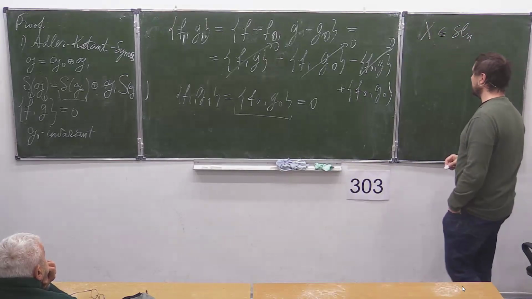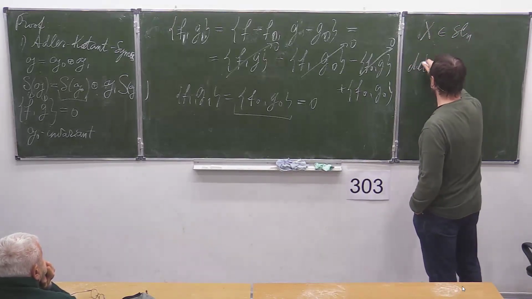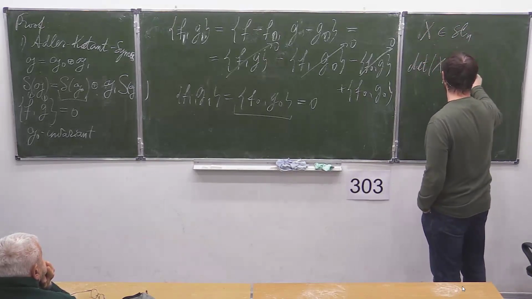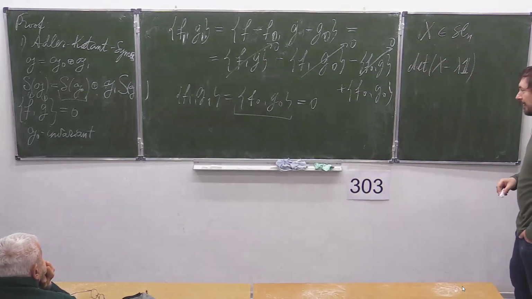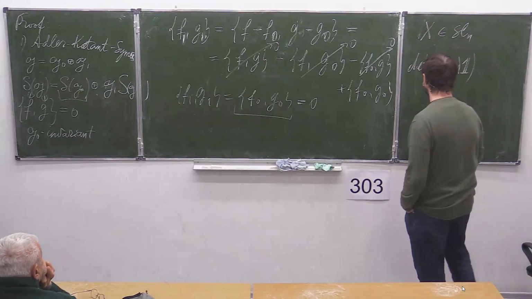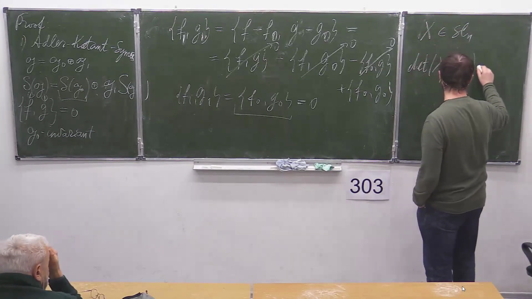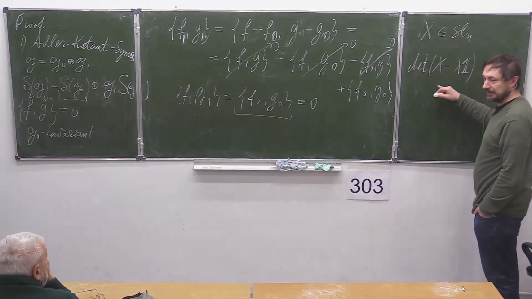And you take the standard characteristic polynomial of X. And now you differentiate. So the coefficients of this polynomial are, as you know, just central elements.